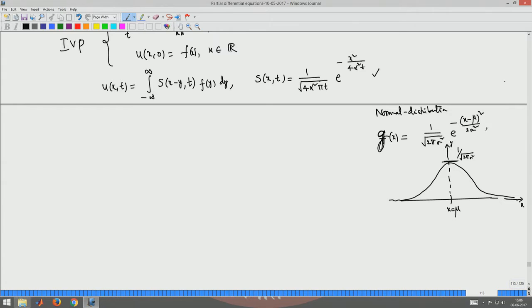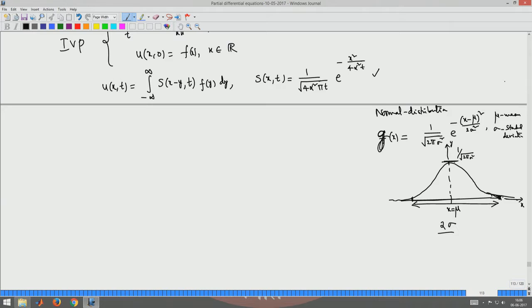Mu is the mean, and sigma is the standard deviation of the normal distribution. Ignoring the error, the approximate width of this is 2 sigma.